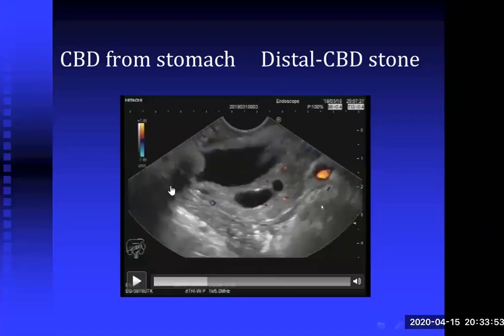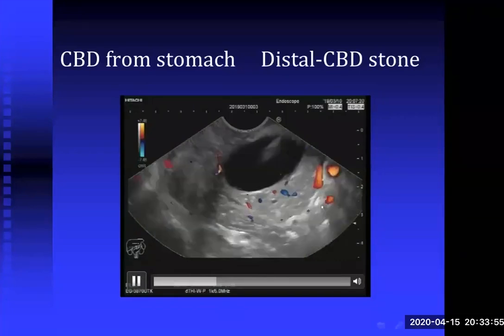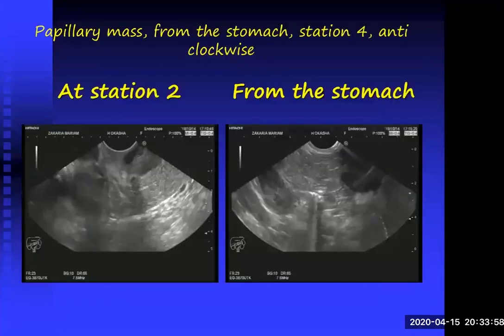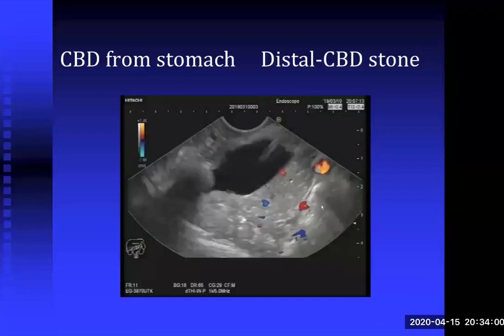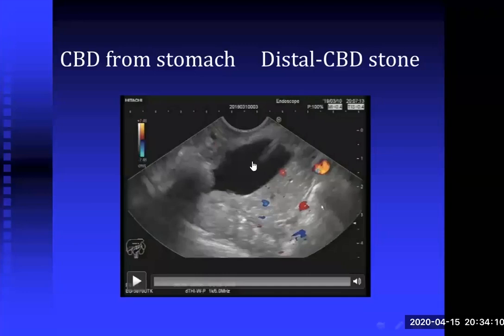This stone was interpreted by MRCP as a soft tissue mass because MRCP has fallacies, about 10 to 15% false diagnosis, especially if there is an impacted stone. If it is a floating stone, it is very easy to diagnose by magnetic resonance cholangiopancreatography because it appears as a focal defect.